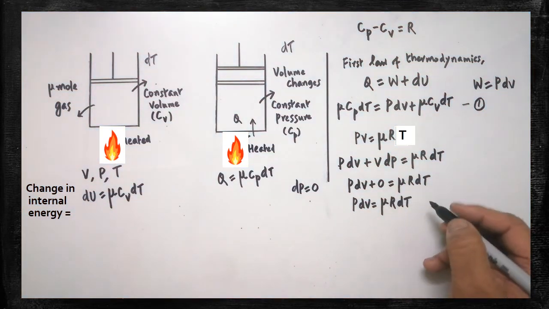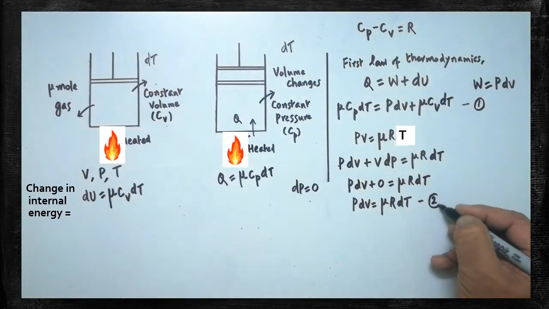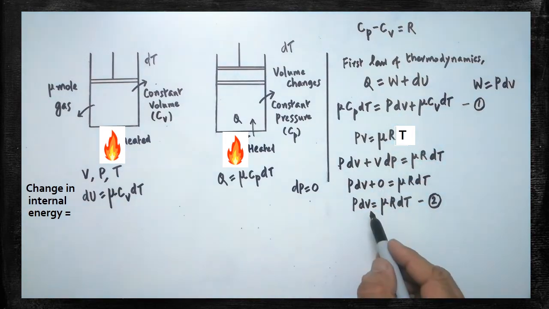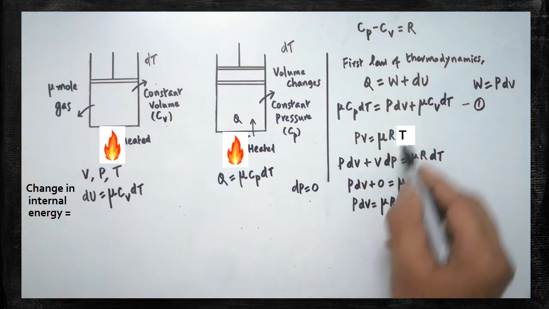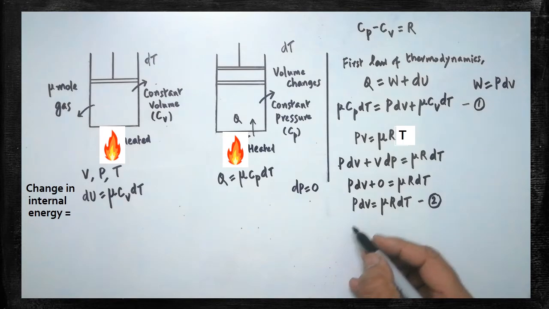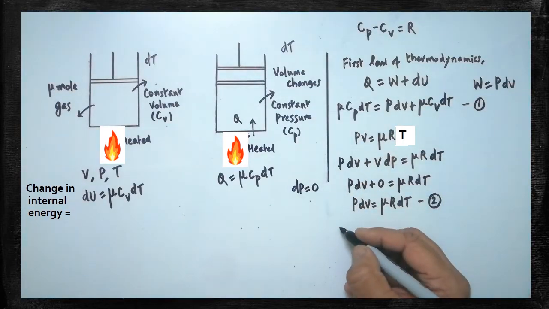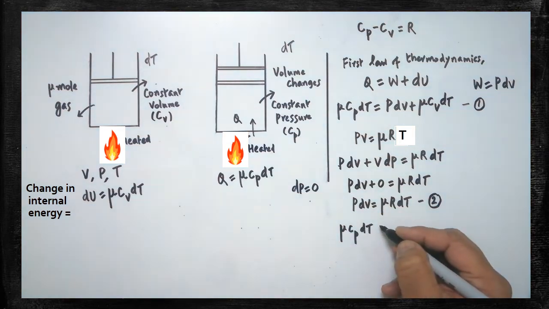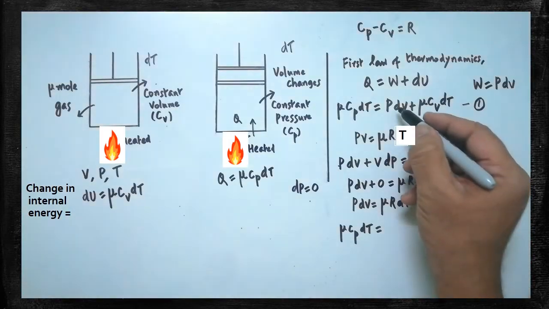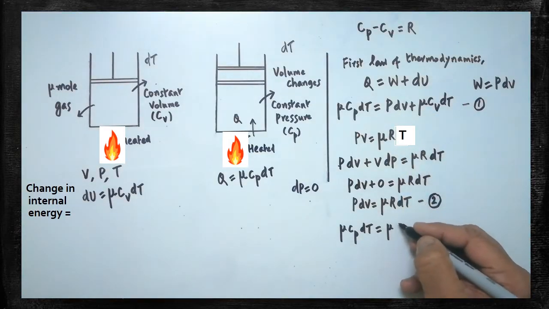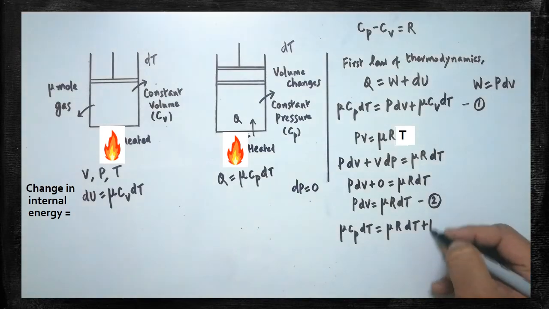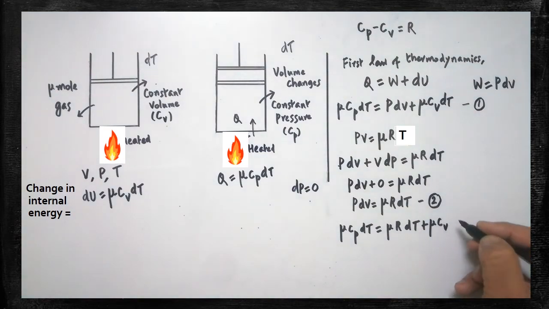So this equation number 2 can be substituted in 1. The P dV factor is there on the LHS, and instead of this we can substitute. Now I am going to write the first equation again. Mu Cp dT is equal to, instead of P dV, mu R dT plus mu Cv dT.